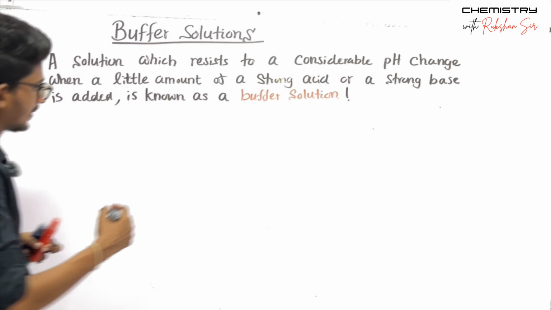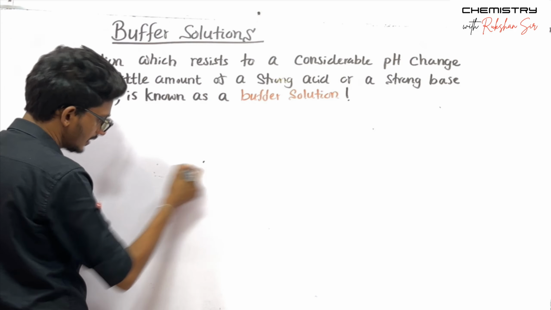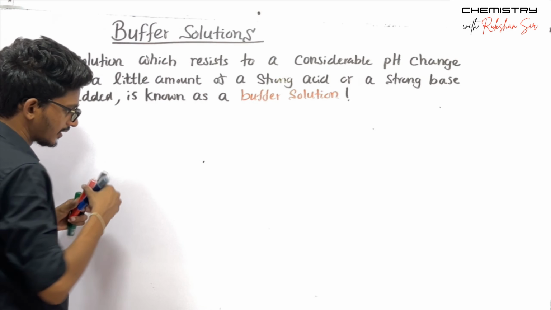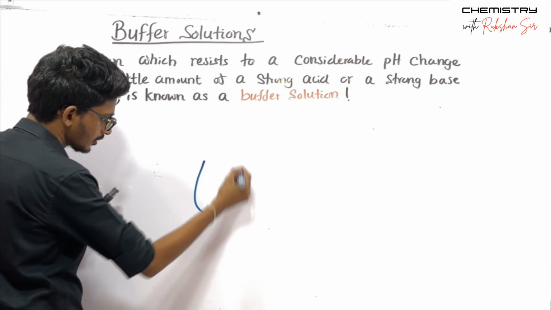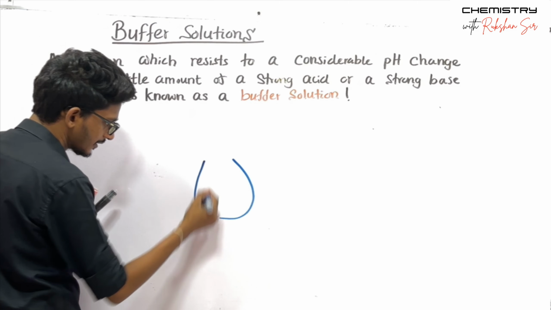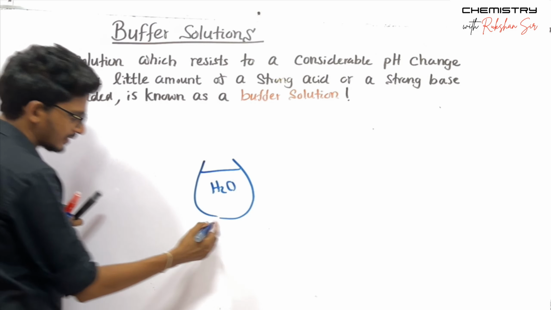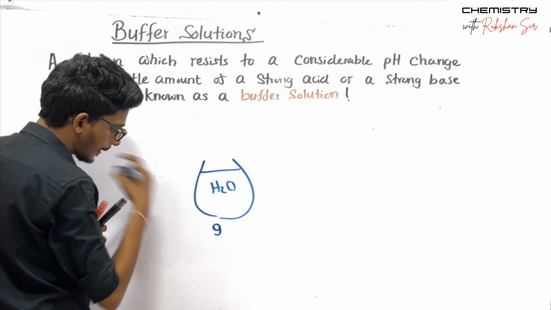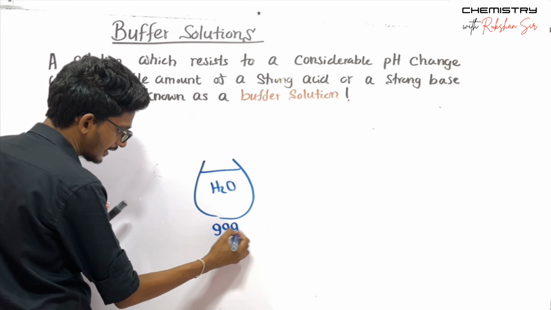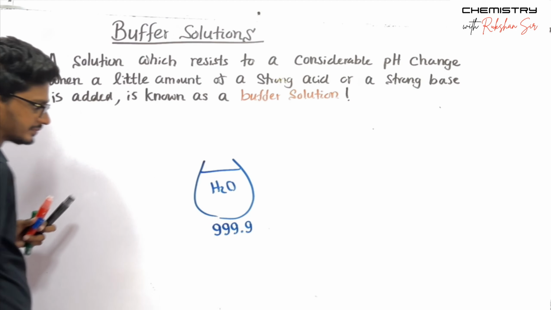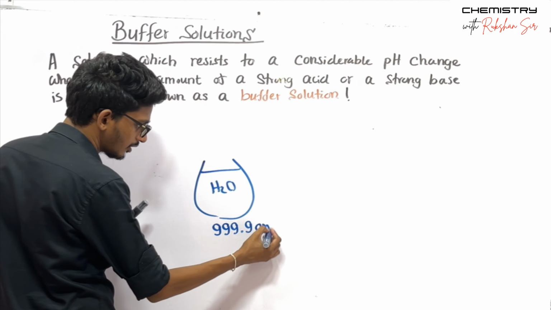So let's come up with some water. Let's say you have 999.9 cubic centimeters of water.